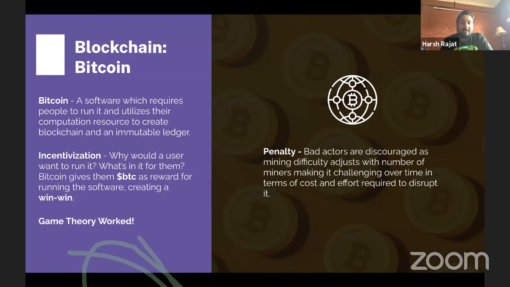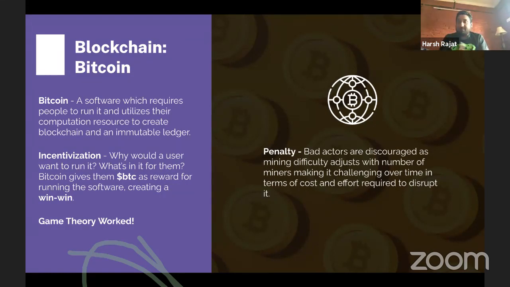But as time moves on, and if Bitcoin becomes popular, of course, money or a tangible asset will be attached to it. At that point of time, it makes sense that the computing power required to run the Bitcoin software is increased a lot, because otherwise any hacker can just hire computing power from AWS or some other means and try to disrupt the entire system.